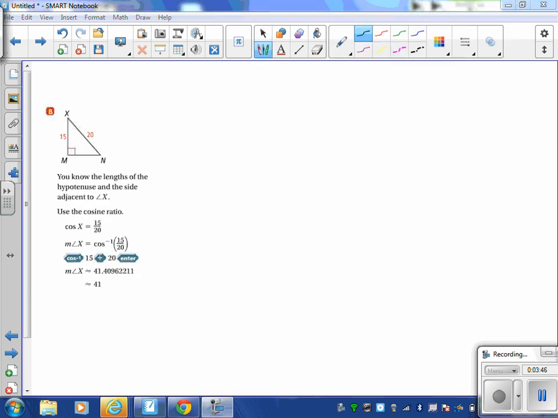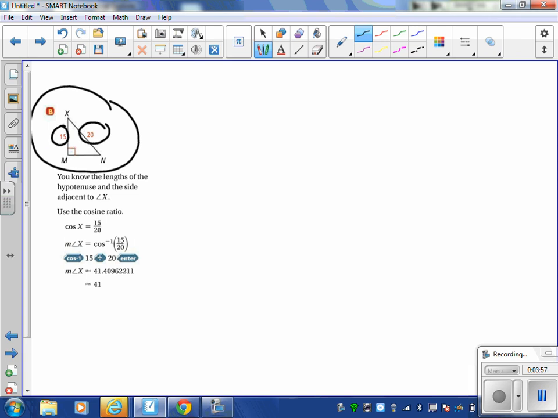Let's take a look at another example. Given this triangle, where we have the hypotenuse and we have a leg, we want to find the measure adjacent to x. So we want to find the angle of x. And what do we know about angle x?